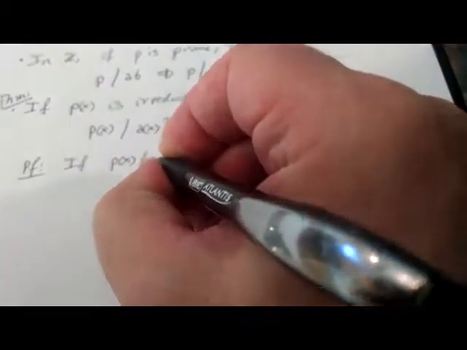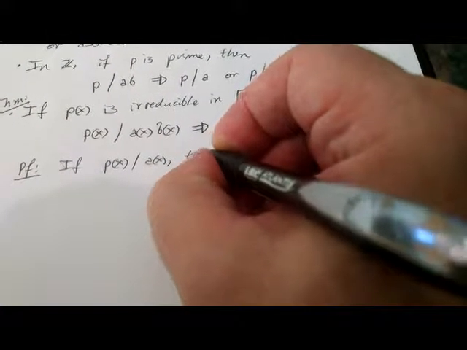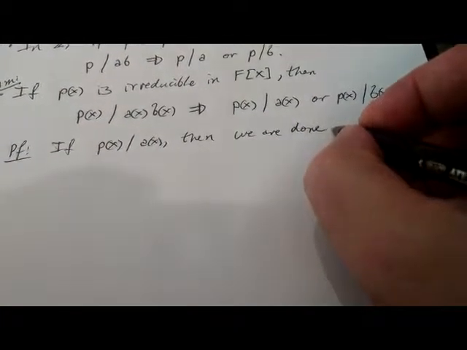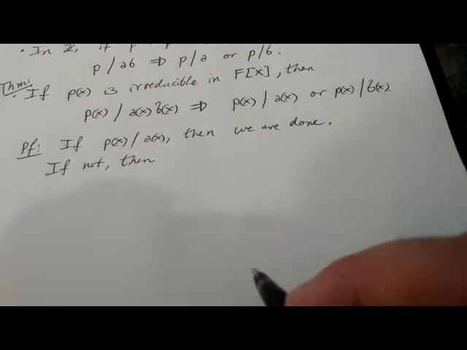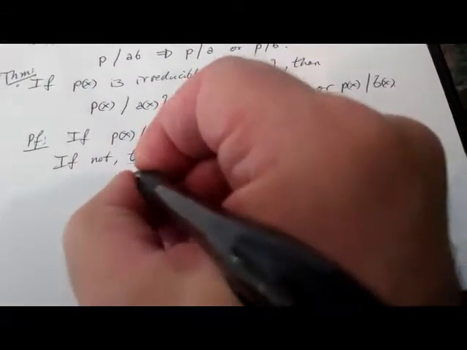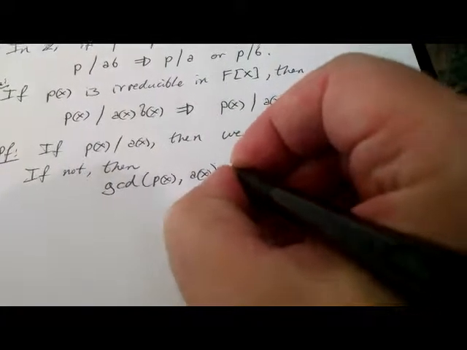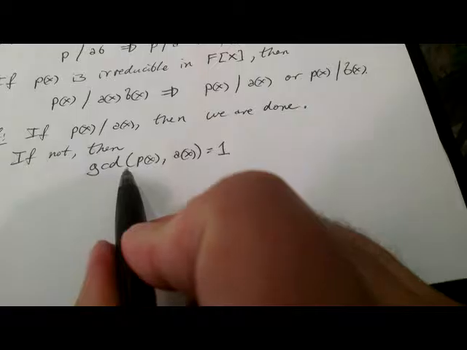If p of x divides a of x, then we are done. It divides one or the other. And if not, then we can say that the GCD of p of x and a of x is equal to 1.